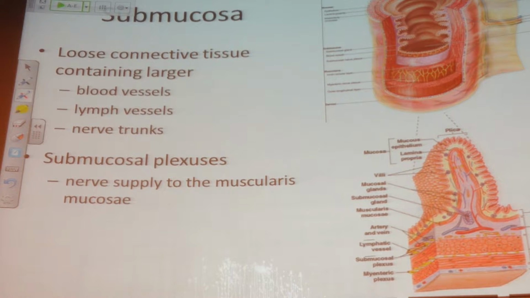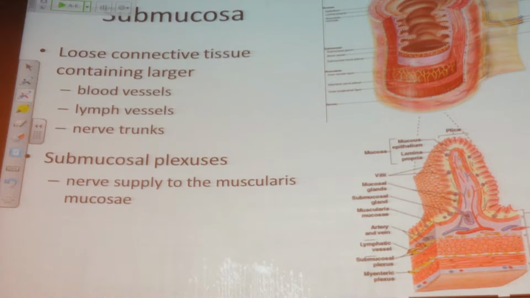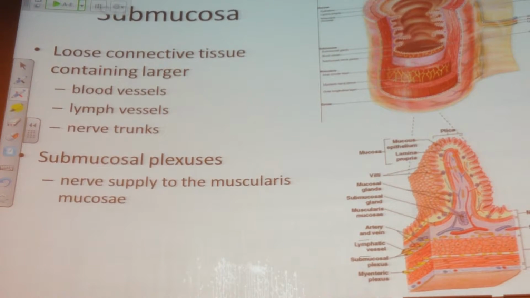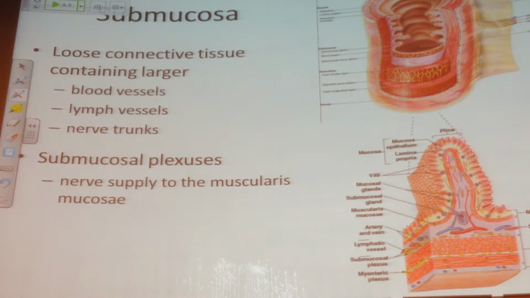In fact, between the submucosa and the mucosa, you can find 50% of your lymph system in your body. So you can find B cells, T cells, mast cells, plasma cells, histamine, prostaglandin, all the things we have introduced in the immune system.